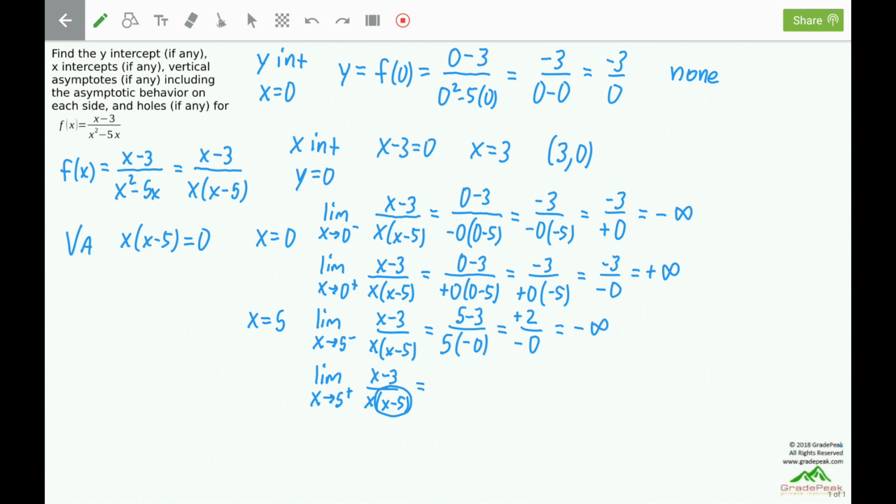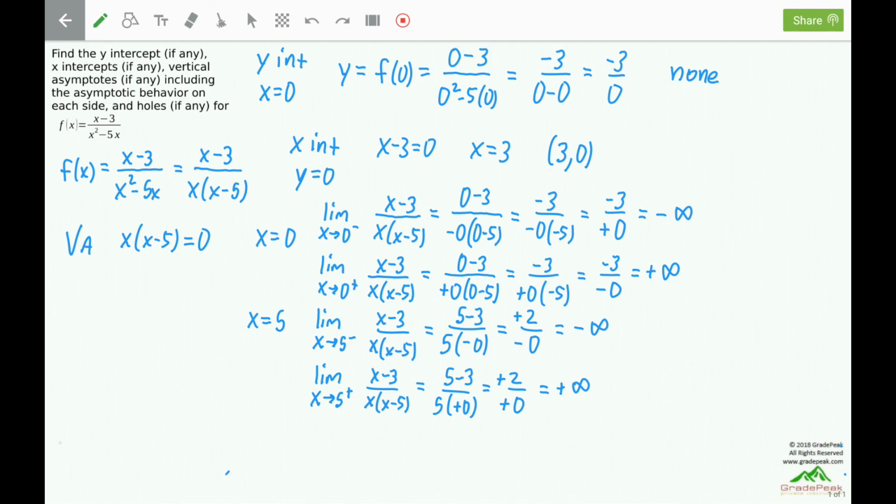But it will be approaching 0 while remaining positive, so x minus 5 can be replaced with a positive 0. 5 can then plug in for all remaining x's, giving 5 minus 3 divided by 5 times a positive 0. 5 minus 3 is a 2. 5 times a positive 0 remains positive and will be a 0. The numerator is a positive 2. Positive over positive is positive. Non-zero over 0 is an infinity. And there's the asymptotic behavior on the right side of the x equals 5 vertical asymptote.